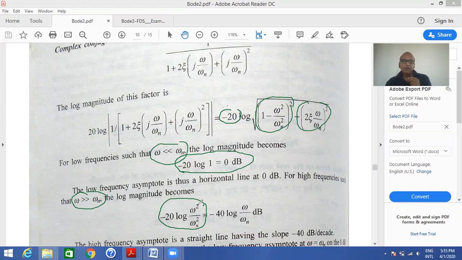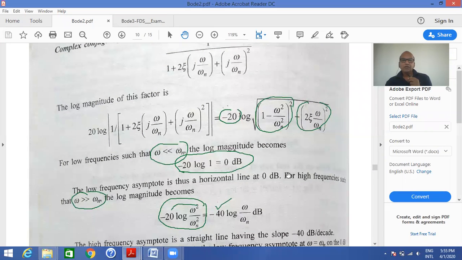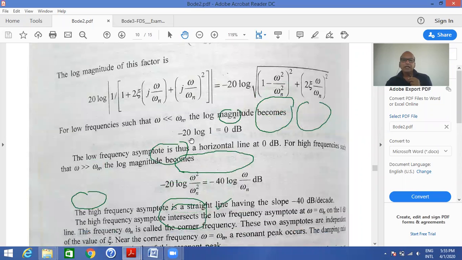Multiplying by 2 with the 20, you get minus 40 log omega divided by omega n. Then compare these two equations: minus 20 log 1 equals minus 40 log omega upon omega n.